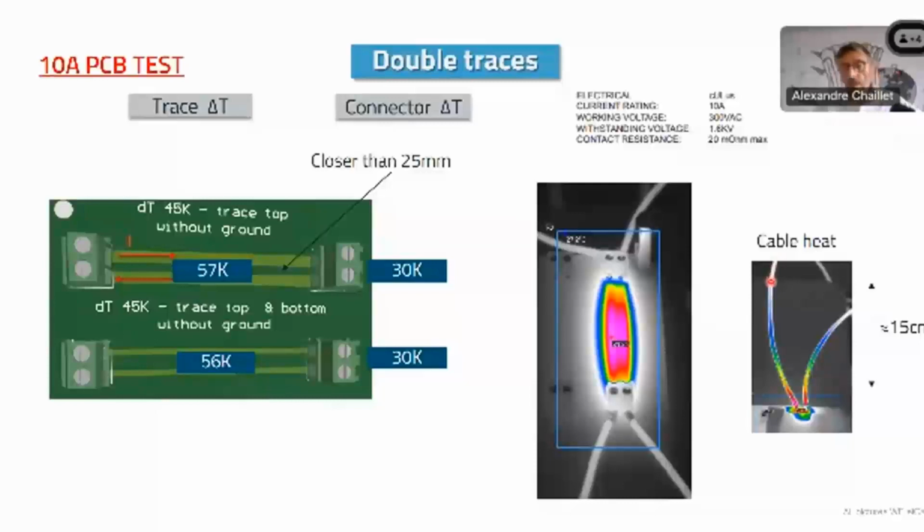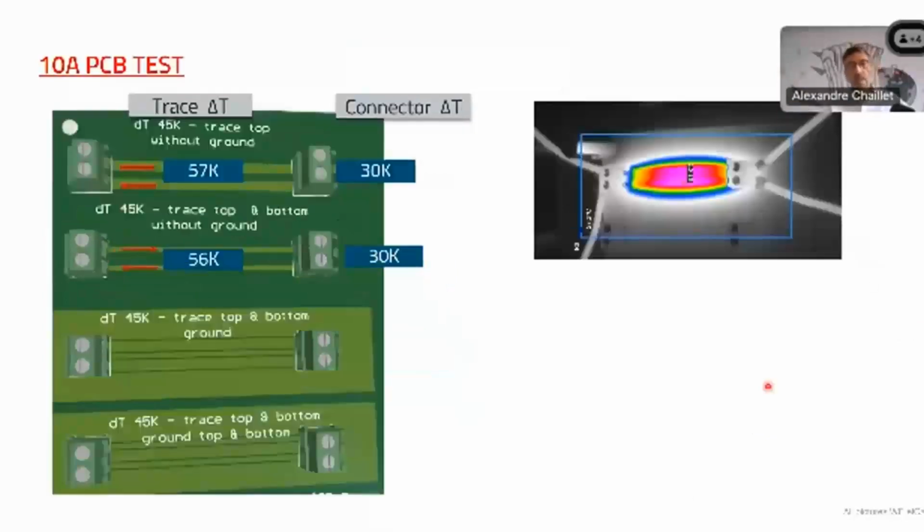Then there is no need to have a very long cable to pull the heat outside of the PCB. Above 10, 15 centimeters, this is useless. But if you cut your wires at 5 centimeters, then it will not be long enough to cool down your PCB. So be careful. Normally, the minimum is 10, 15 centimeters.